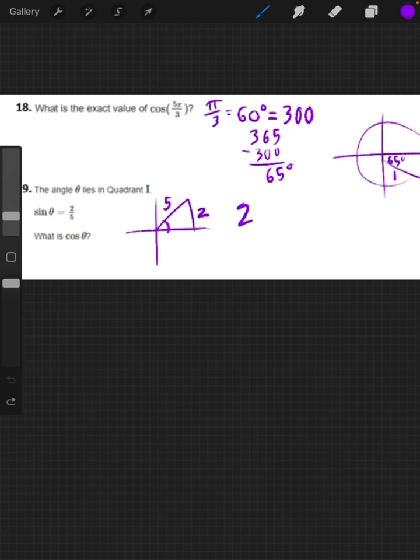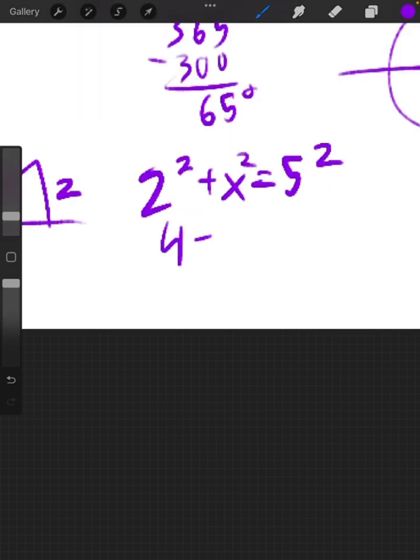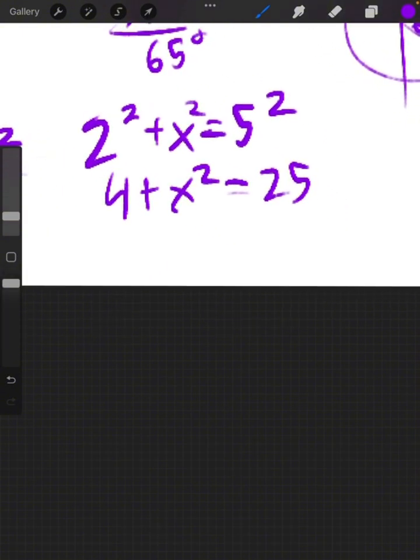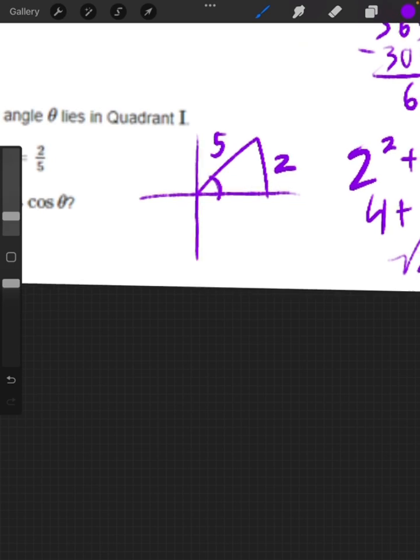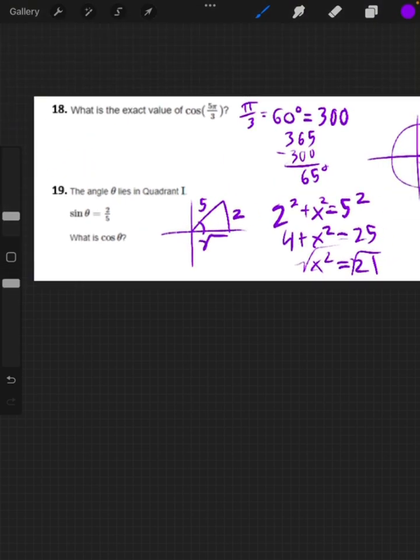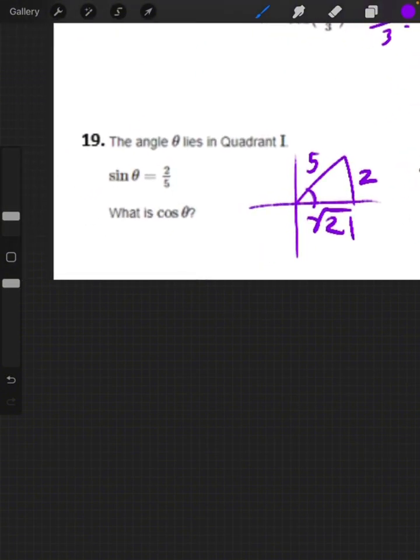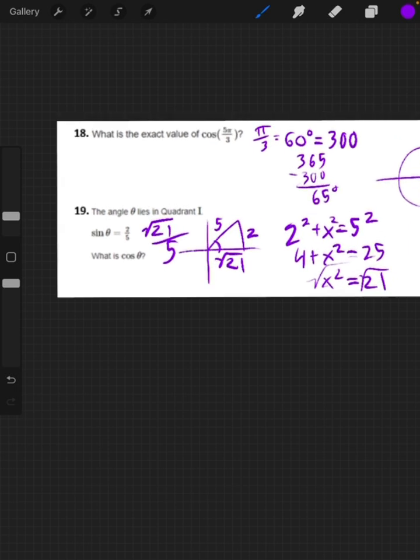So we can use the Pythagorean theorem to find the missing side. 2 squared is 4, then 5 squared is 25. Subtract 4 from both sides, we get x squared equals 21. We square root both sides, so the side would be the square root of 21, and then the cosine is adjacent over hypotenuse, so the cosine of this problem would be square root of 21 over 5. Yay!